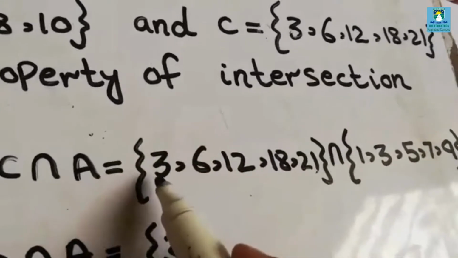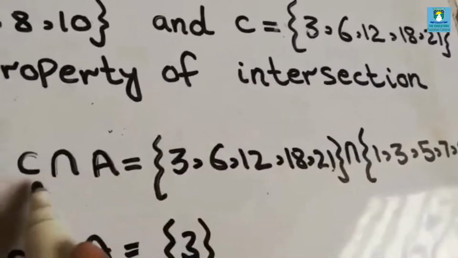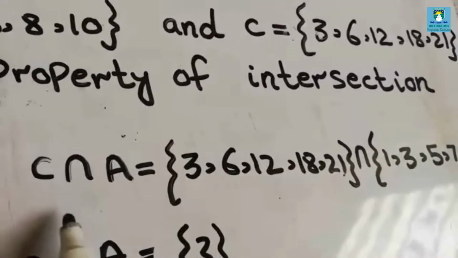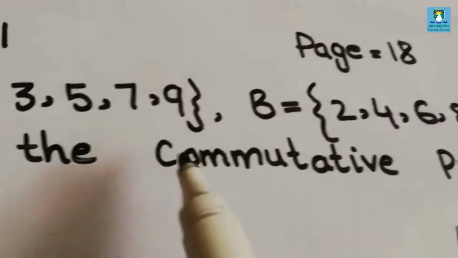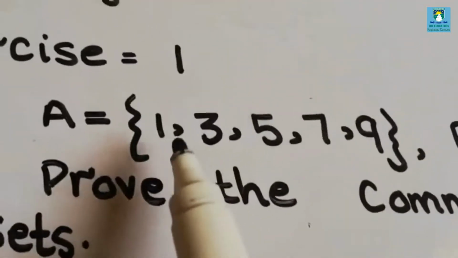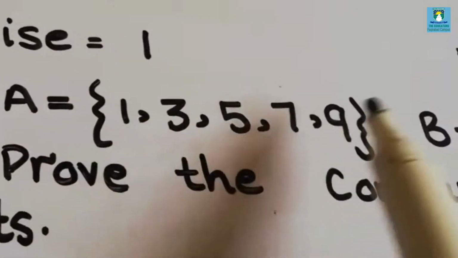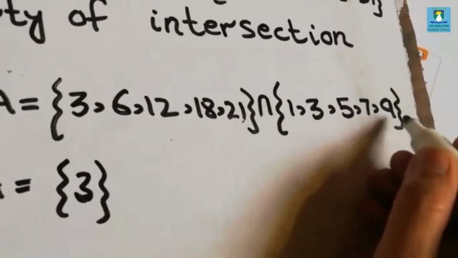So we will write here 3, 6, 12, 18 and 21. Then sign of intersection. So we will put here sign of intersection. Now we have to write the elements of set A. What are the elements of set A? Look at here. The elements of set A are 1, 3, 5, 7 and 9. So we will write here 1, 3, 5, 7 and 9.